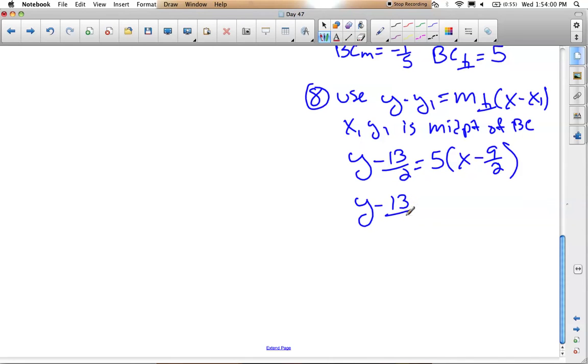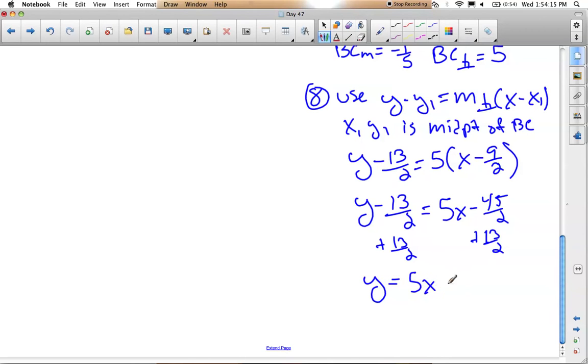Y minus 13 over 2 equals 5x minus 45 over 2, plus 13 over 2 on both sides. So I have y equals 5x minus, let's see, negative 32 over 2. But negative 32 over 2 is negative 16.